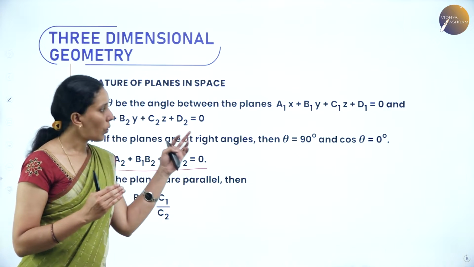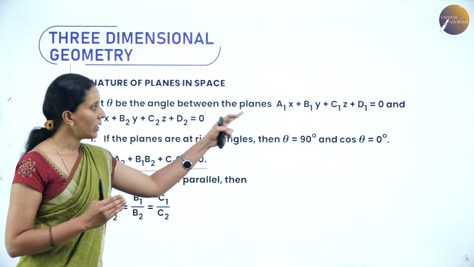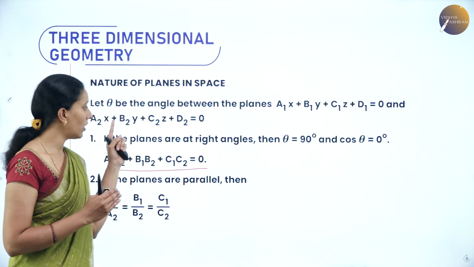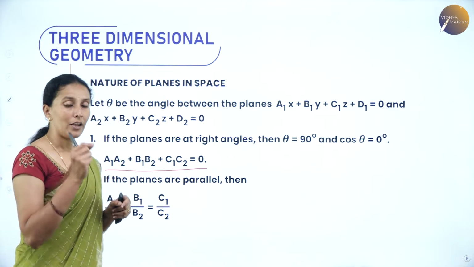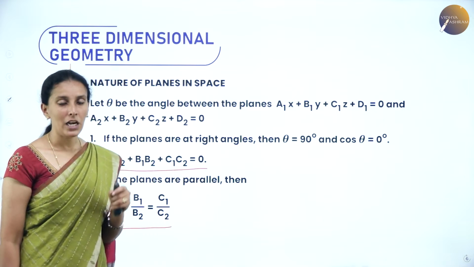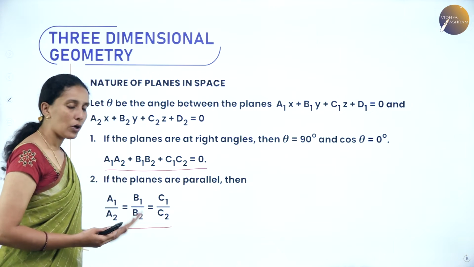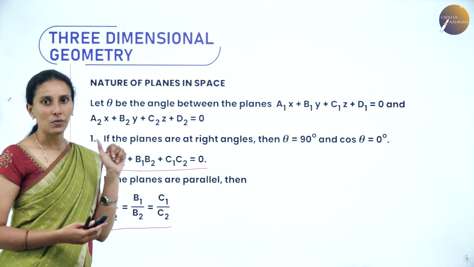So, we know the coefficients of x, y, z in both the planes. Here we have a1, b1, c1 and here we have a2, b2, c2. If their corresponding ratios are in proportion, then we say that they are collinear or they are parallel. So, this is what we take for both lines as well as planes.